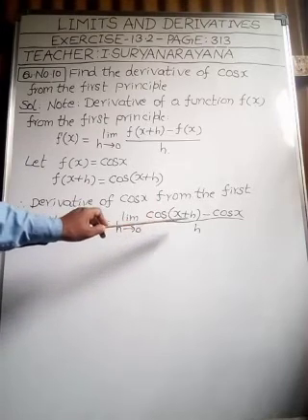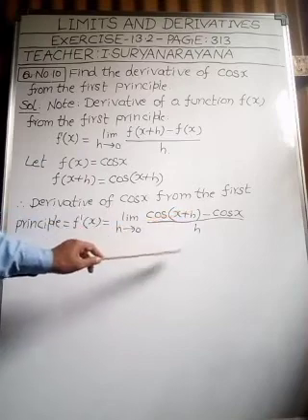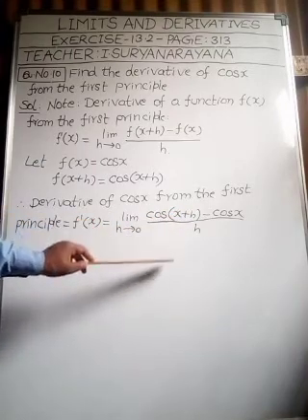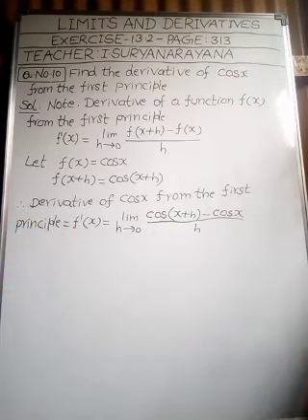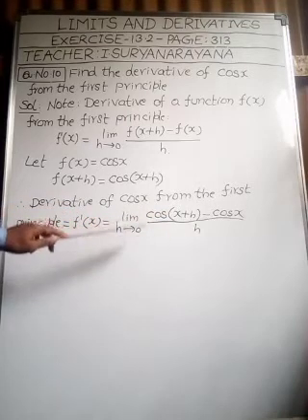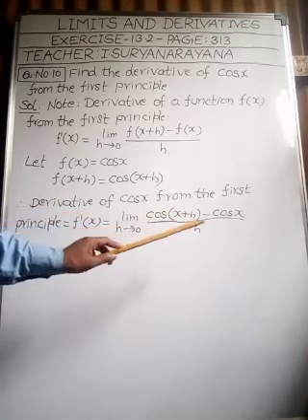If you apply the direct substitution method, we get 0 by 0, that is an indeterminate form. But we should not get an indeterminate form for the limit of a function. So we have to follow some other method.